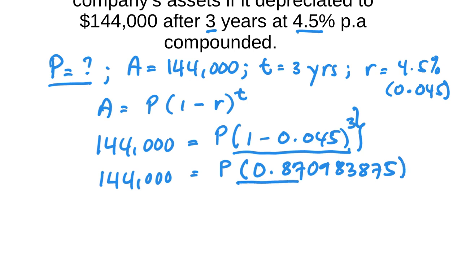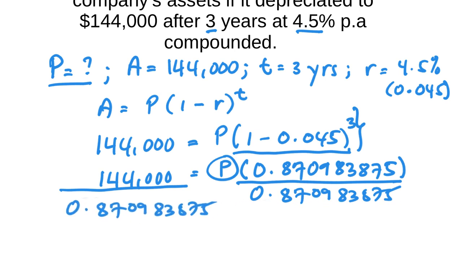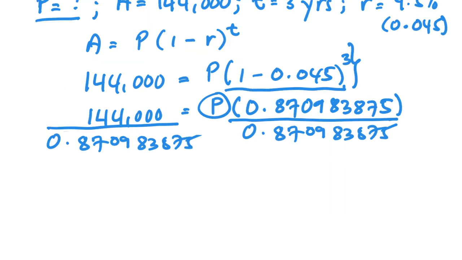And then we're going to divide by itself in order to isolate the P in here. So we're going to divide by this number. We're going to do the same thing with the other side. So this is going to be cancelled out. This is going to be 1.